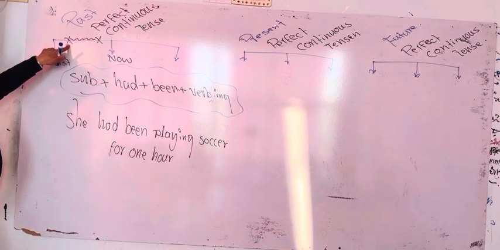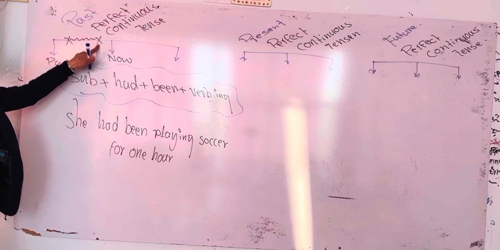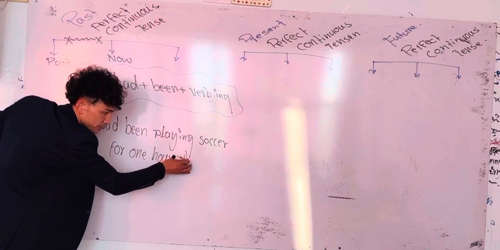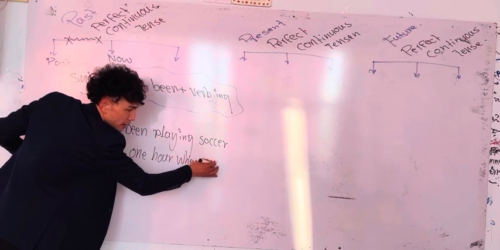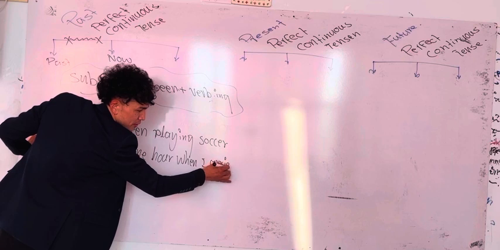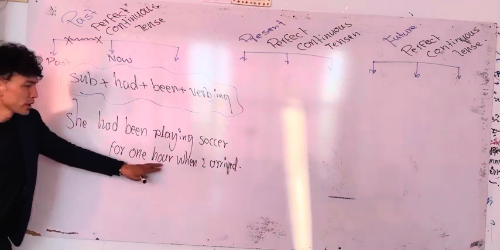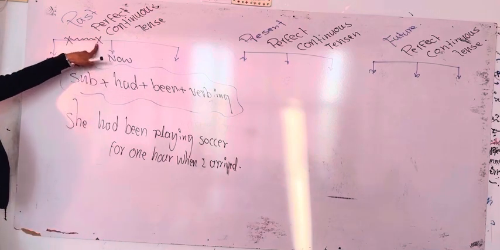It means from here until here has been a one hour period. You understood? Okay, for one hour, when I arrived. Now, when I arrived is the second action. I arrived here.